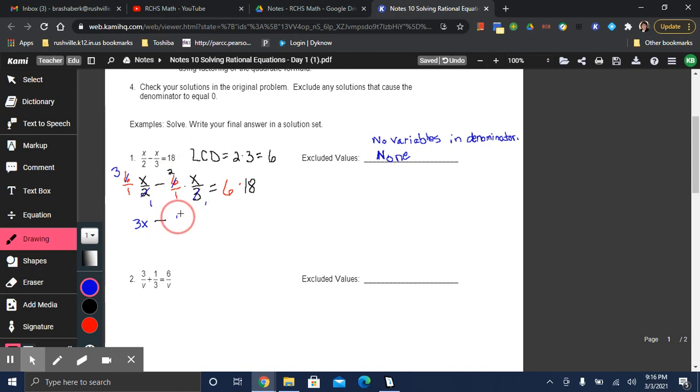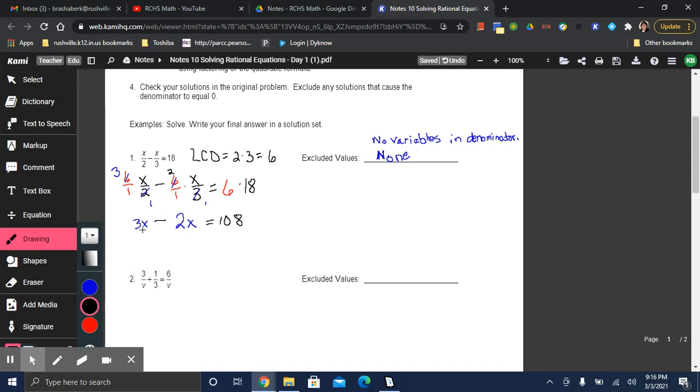I don't need to write the 1, so I'll have 2x, and then equals, and then here I don't have fractions, I just need to multiply. So 6 times 18 would give me 108. So in this line, we have cleared the fractions. We no longer have fractions. And now we're ready to solve whatever the equation is.